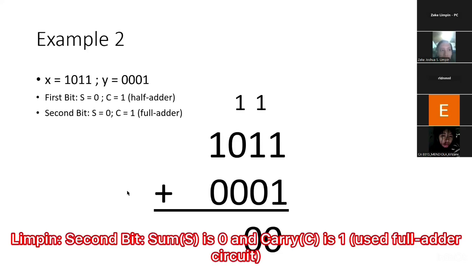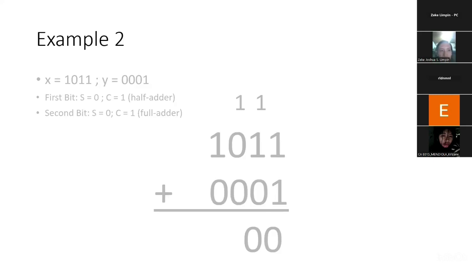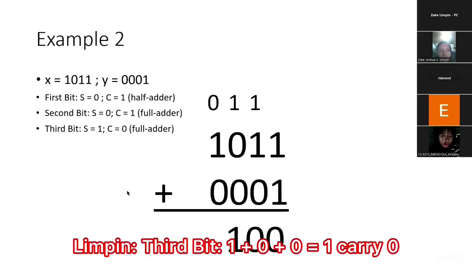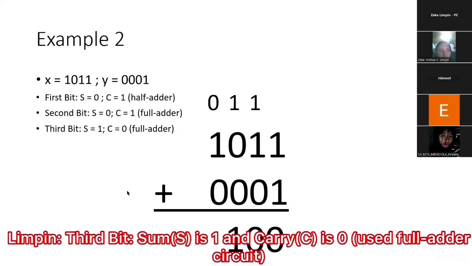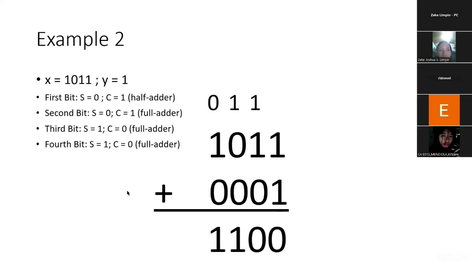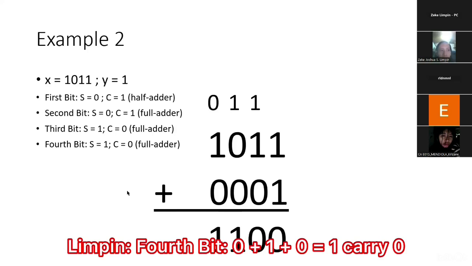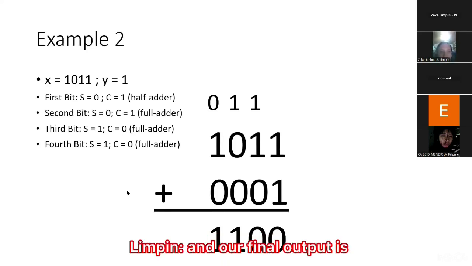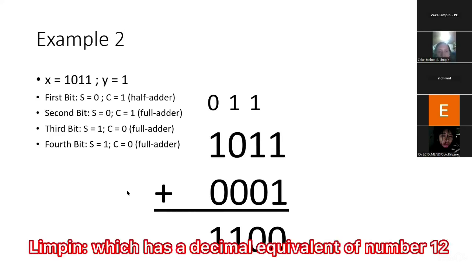Second bit, sum is equal to 0, carry is 1, full adder. Next is 1 plus 0 is equal to 1, carry 0. Third bit, sum is equal to 1, carry is 0, full adder. And the last is 0 plus 1 plus 0 is equal to 1, carry 0. Fourth bit, sum is equal to 1, carry is 0, full adder. And our final output is 1100, which has a decimal number of 12.